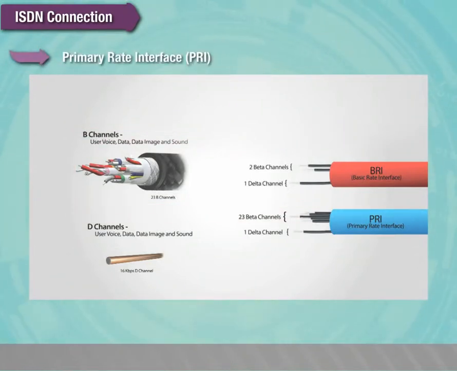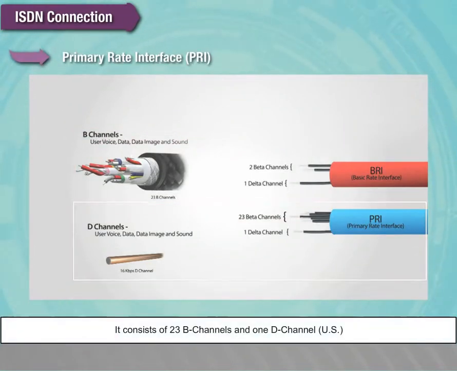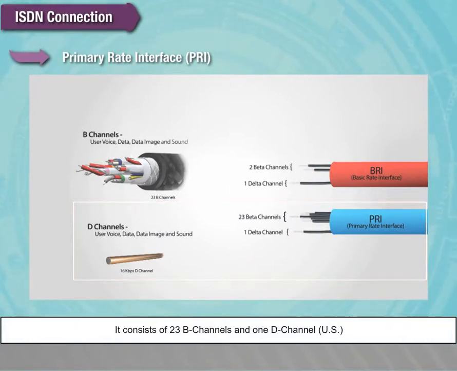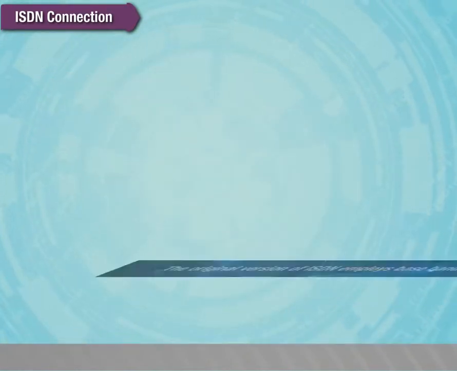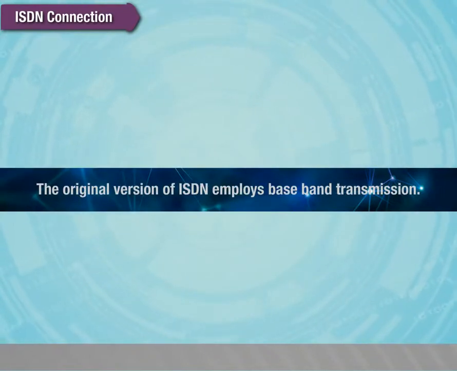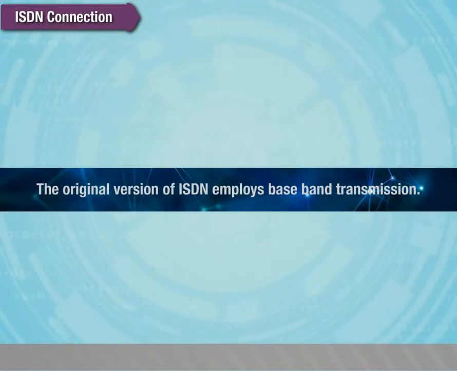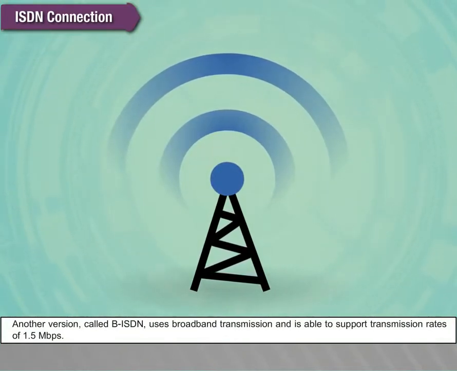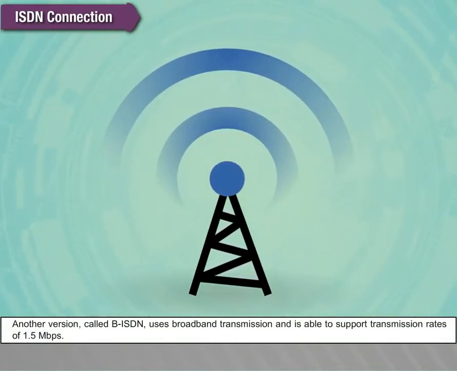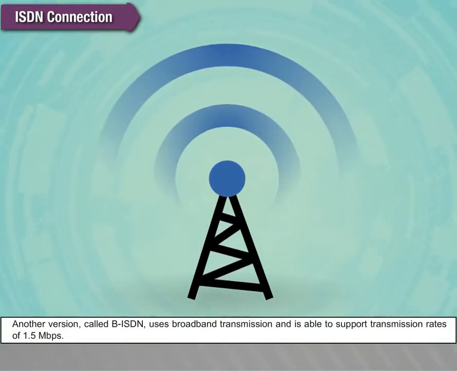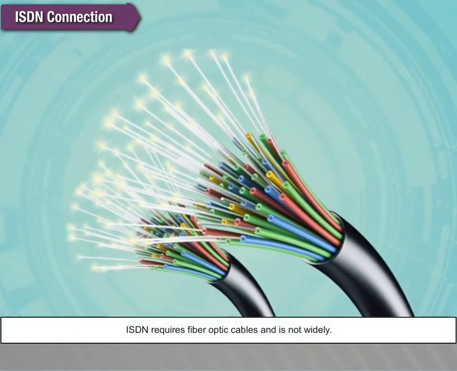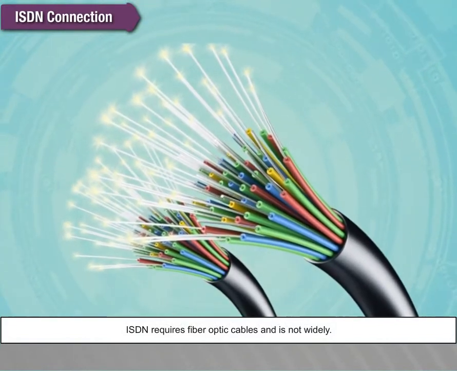Primary Rate Interface PRI consists of 23 B channels and 1 D channel, that is in the US. The original version of ISDN employs baseband transmission. Another version called BISDN uses broadband transmission and is able to support transmission rates of 1.5 Mbps. ISDN requires fiber optic cables and is not widely used.